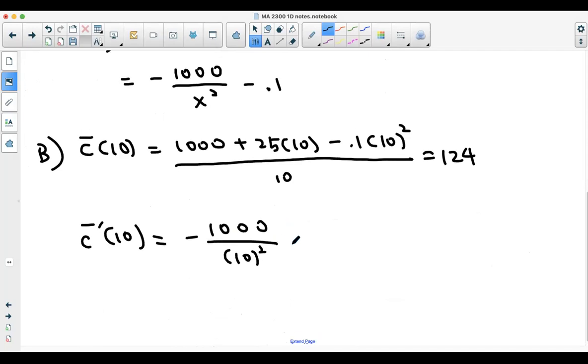And minus 0.1. Then you can see that that's 1000 divided by 100, and that's 10, in fact. So negative 10 minus 0.1, which becomes negative 10.1. So that's the marginal average cost.